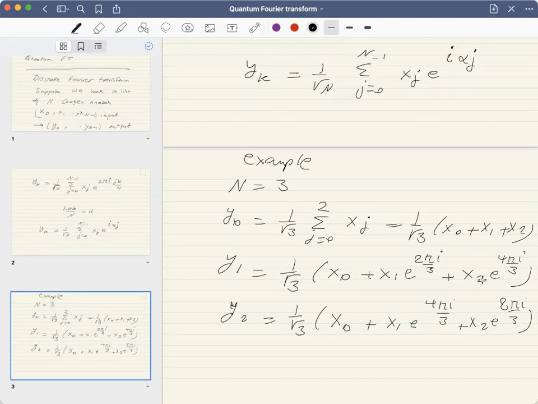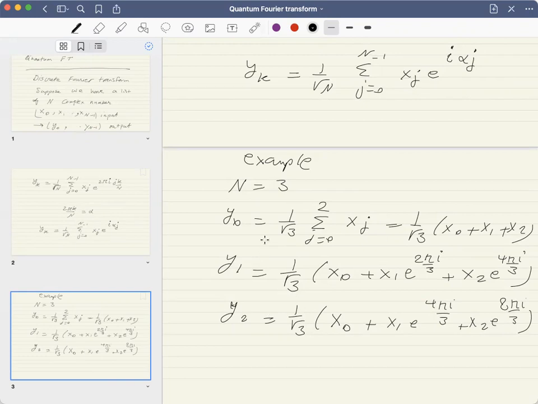There are actually better algorithms, known as the fast Fourier transform, that can do it faster. But even that doesn't go like n squared, it goes like n times log of n or something like that. So if n is large, this algorithm can take a long time to calculate these classically.